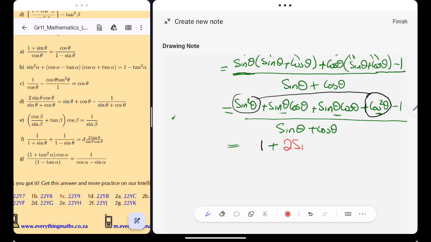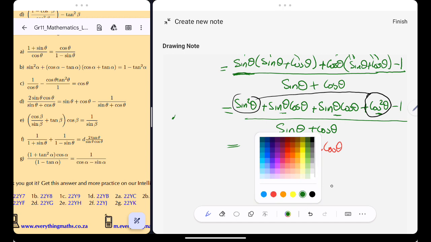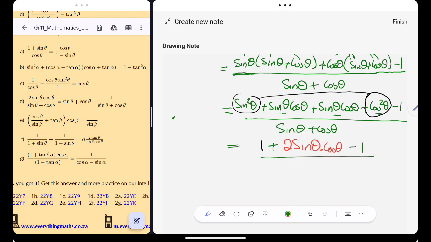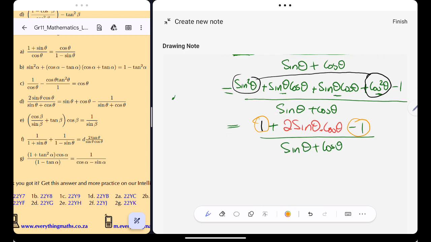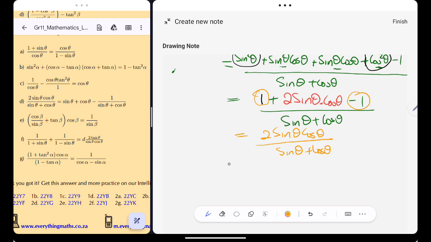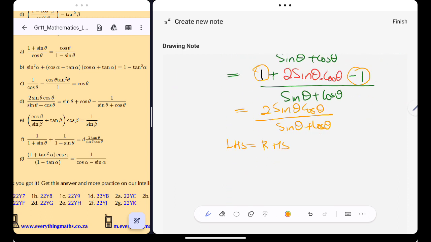That will give me 2 sine theta cos theta. Then I still have my negative 1 there, divided by sine theta plus cos theta. These two things will subtract one another, and then I will be left with 2 sine theta cos theta all over sine theta plus cos theta. All together.